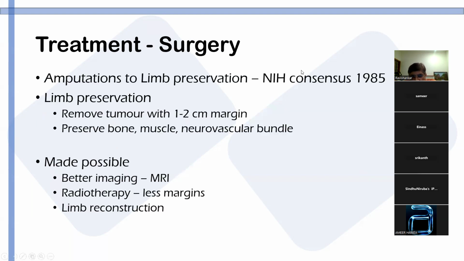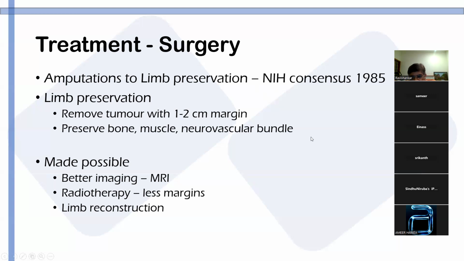Okay. So when we talk about treatment philosophy, as I said, surgery is the mainstay. Since 1985 onward, there was an NIH, National Institutes of Health, United States, consensus in 85. I remember this very well because I got my fellowship in 82, and it wasn't there when I got the fellowship.